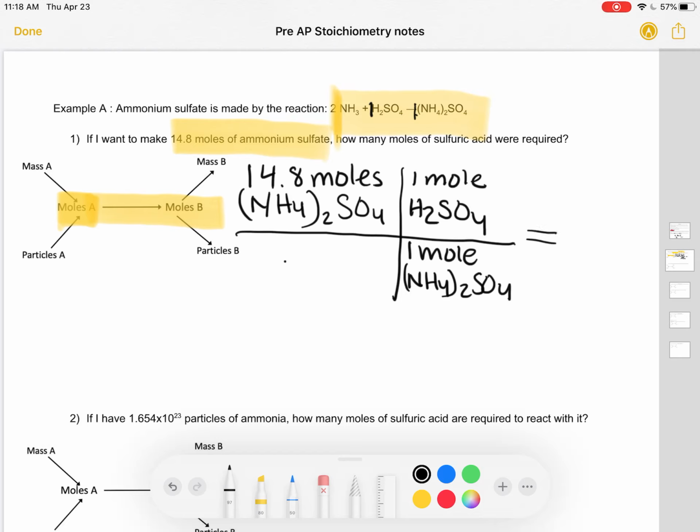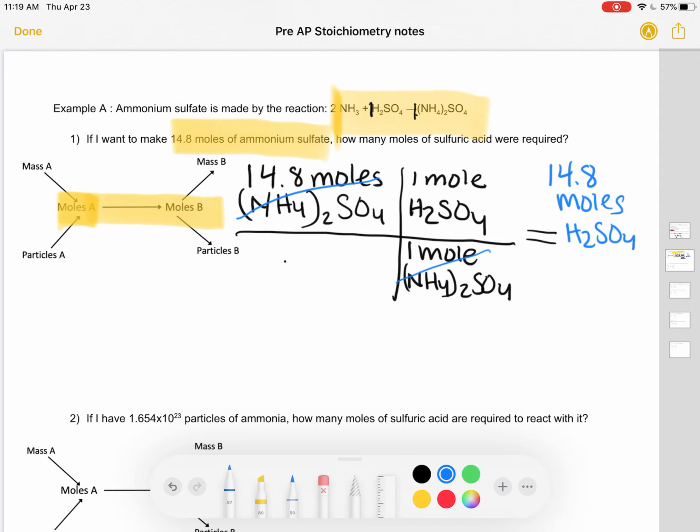Okay, so now moles of ammonium sulfate cancels out, and our answer is given to us in moles of sulfuric acid. Obviously, you don't really need to put this in a calculator because it's a 1-to-1 ratio. So 14.8 moles of H2SO4 is your answer.